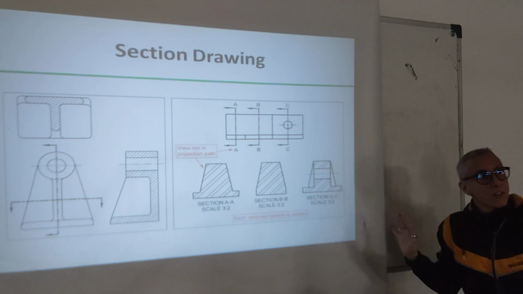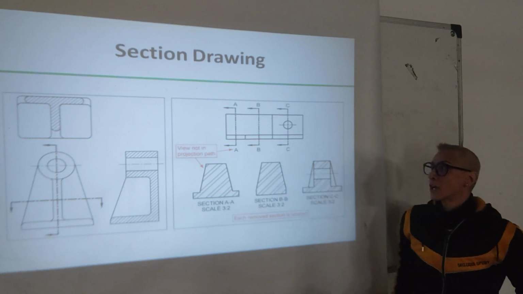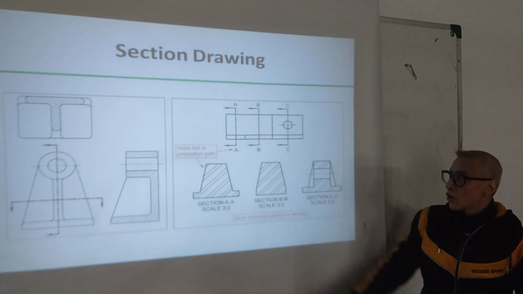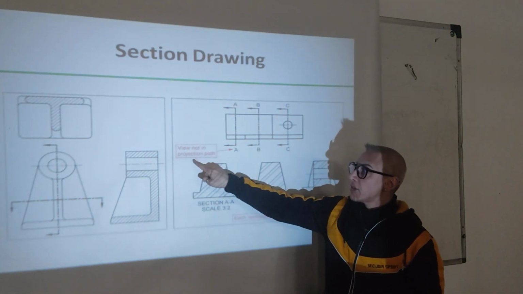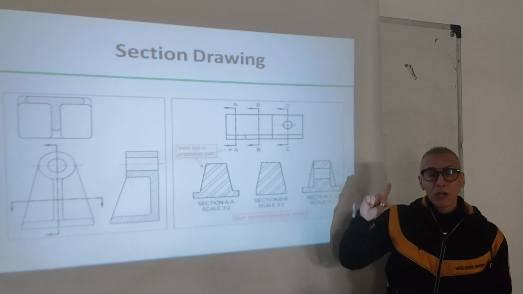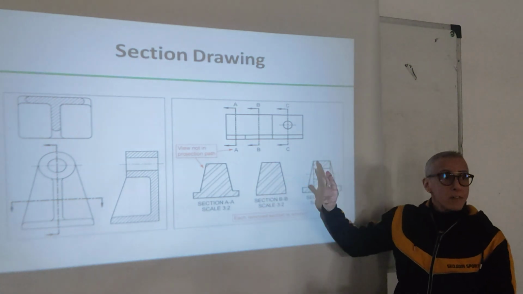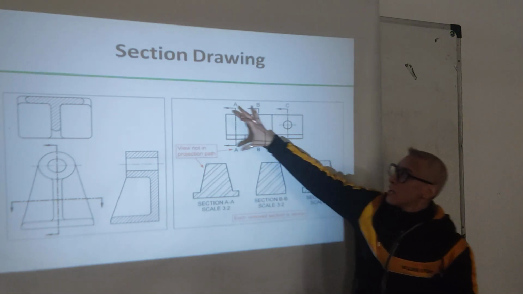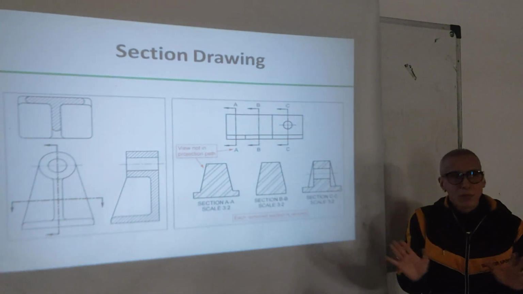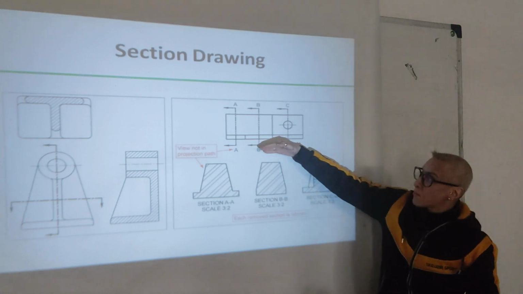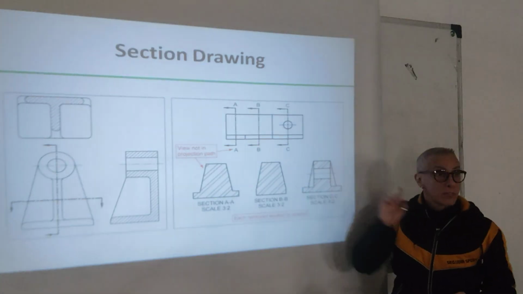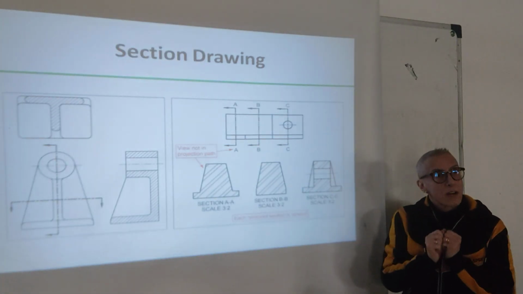Sometimes they are not aligned, like in this example, okay? So, the view is not in the projection path, okay? So sometimes in some drawings you can have a lot of section views and they are not placed in the projection path for several reasons. They are placed separately, okay? But they still need to be marked correctly.